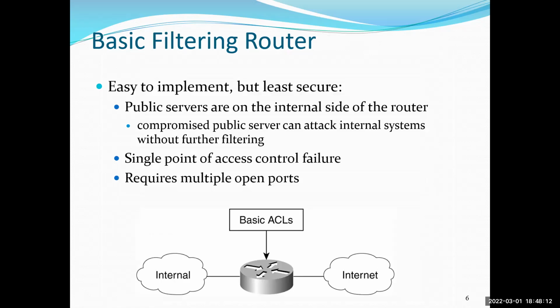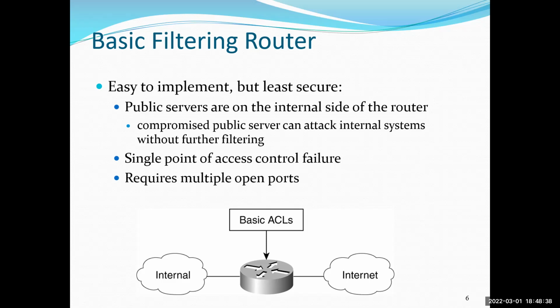So here, just a little bit about the devices, the basic filtering routers. This is pretty much what you have at home, right? At home, you really just have the ISP router, and that's your firewall as well, and that's everything. So you have your basic ACLs there. Nothing is allowed from the outside, correct?